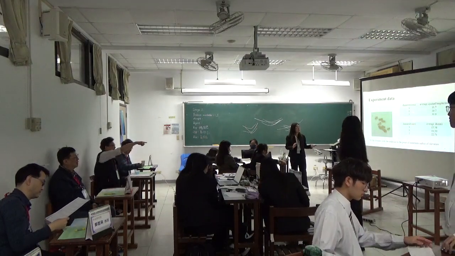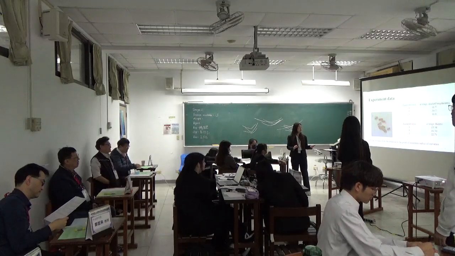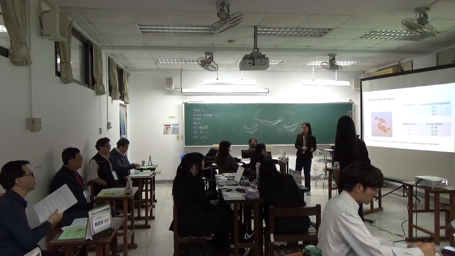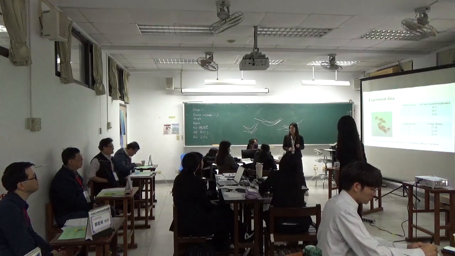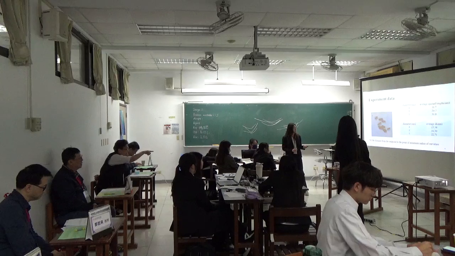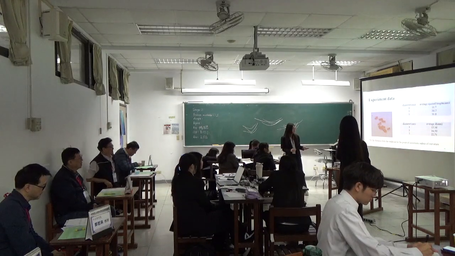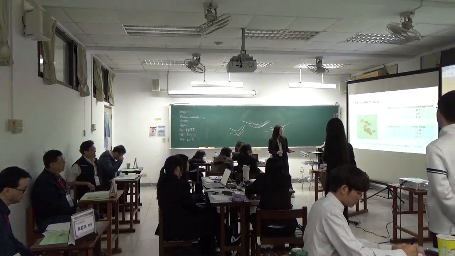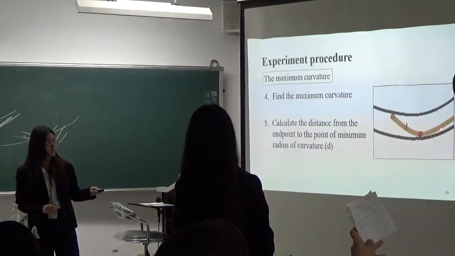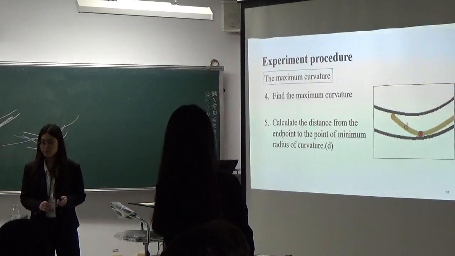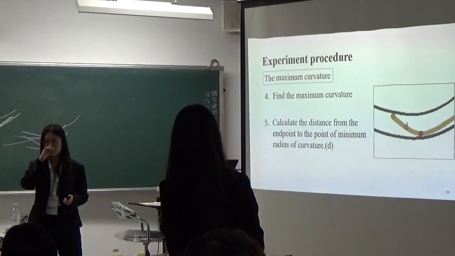Your D is over here, the distance from the endpoint to the point. We compare the experiment data and the actual data over here. No, your D is down here. D is the distance from the endpoint to the point of the outer radius of coverage. It's right, it's this. Oh yeah, that's D. Okay. Yes.